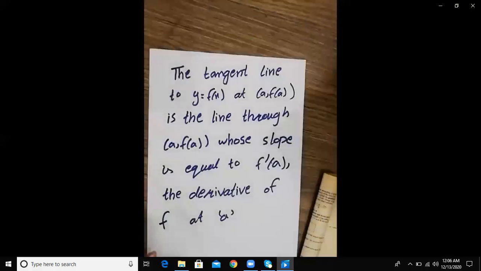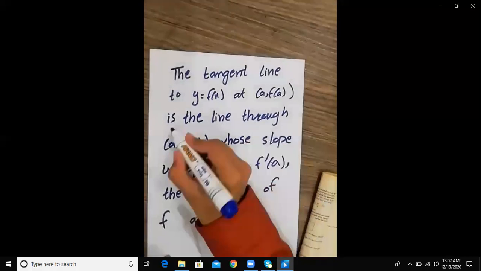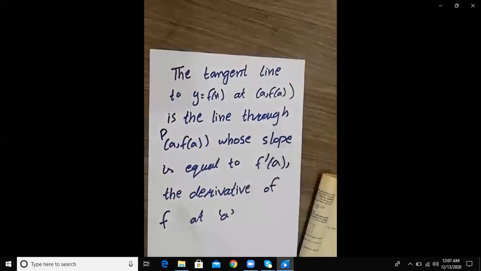So we get that the tangent line to y is equal to f of x at a, f of A, is the line through point P. This is point P, A, f of A, whose slope is equal to f prime of A, the derivative of a function at point A.